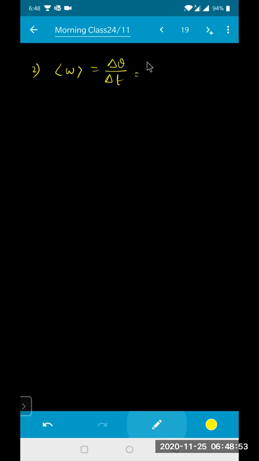That means theta at t equals 2 seconds minus theta at t equals 0 seconds, divided by 2 minus 0.